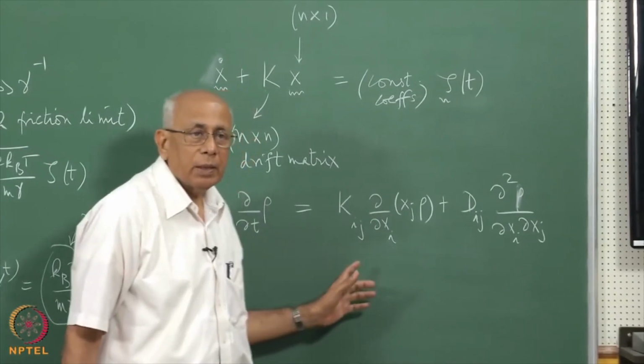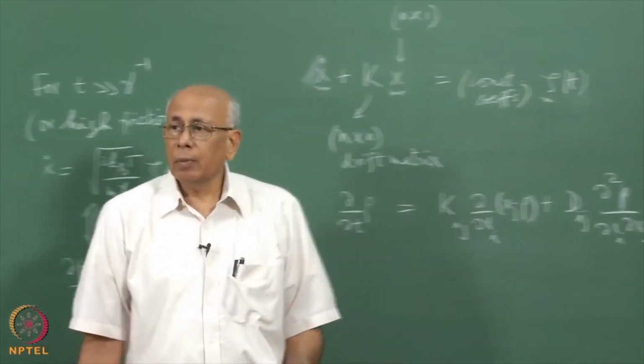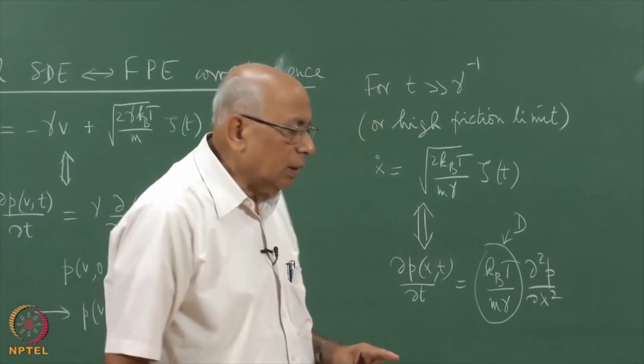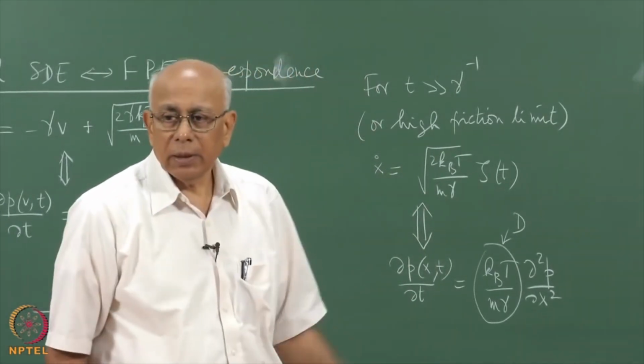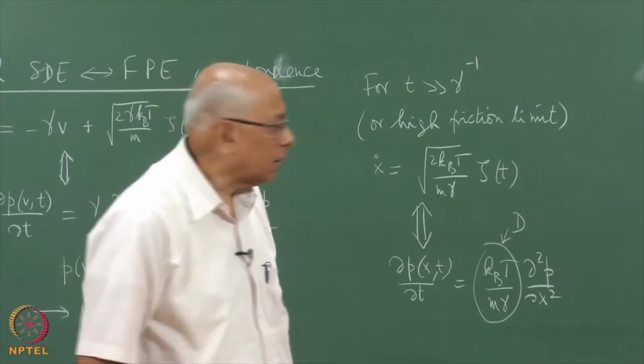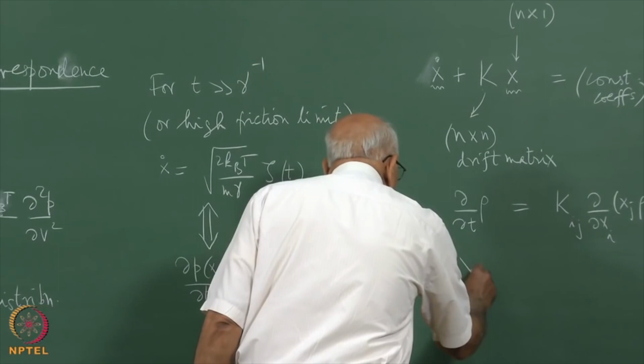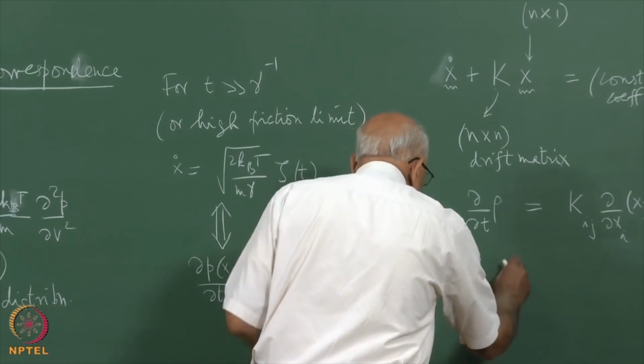This is the Fokker-Planck equation. Now, we can apply this to the situation which we did earlier, namely the Langevin particle in one dimension, and then we did this quickly for 3 dimensions. So, in one dimension, this was of the form x dot equal to v.